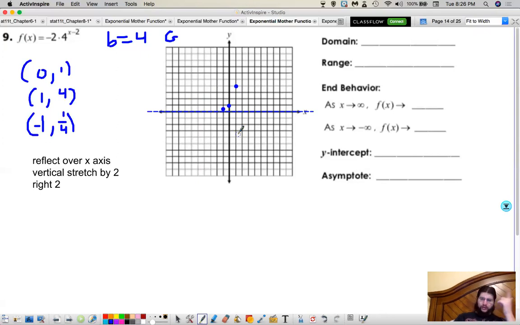So let's just think. We haven't looked at this one yet, so we don't know how steep it is. If I plug in 2 into just 4 to the x, that would be 16. So this guy's going to go off the grid even with 2, so that's really steep. Let's reflect over the x-axis, though. So if I do that, it's going to go there, that's going to go there, and that's going to go right there.